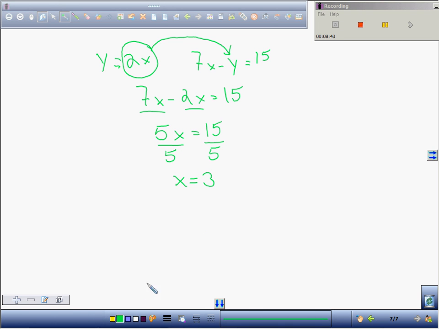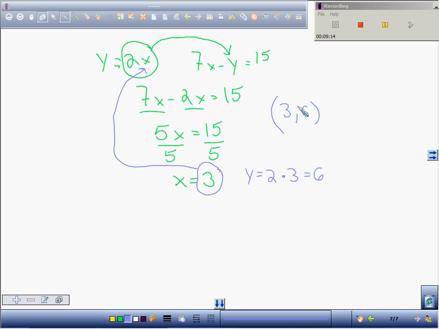Okay? Now I have to take that number and plug it into probably this one, because this one's already set up to find out y. This is the easier of the two equations. Plug it in there, and I get y equals 2 times 3, which is what, Michael? 6. So now my answer is 3, comma 6.